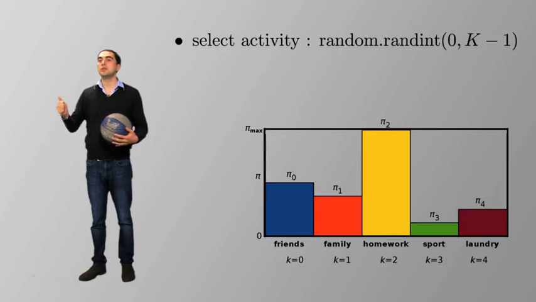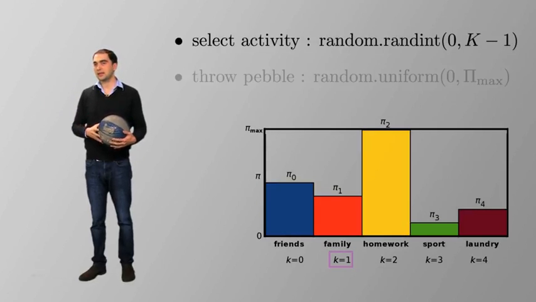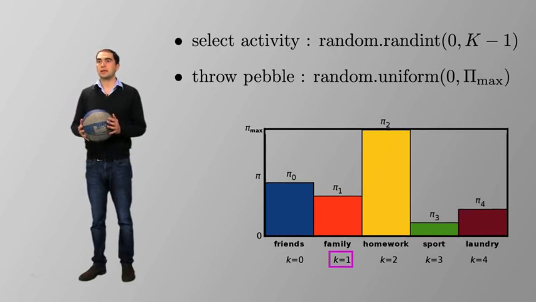We can adapt Mikhail's rejection method, and instead of sampling x between minus x cut and x cut, we can draw random integer numbers 0, 1, 2, up to k minus 1, and select an activity which will be accepted if the pebble falls inside the red box.